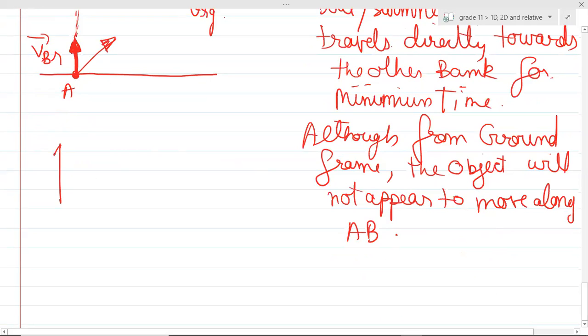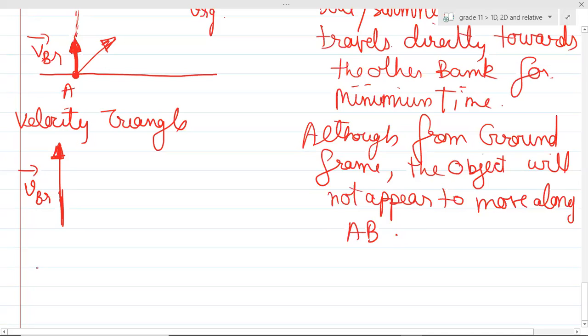See, if I draw the velocity triangle for this particular problem, the velocity triangle is basically the relation between various velocities. So VBR, do you remember? Velocity of boat with respect to river is velocity of boat minus velocity of river.